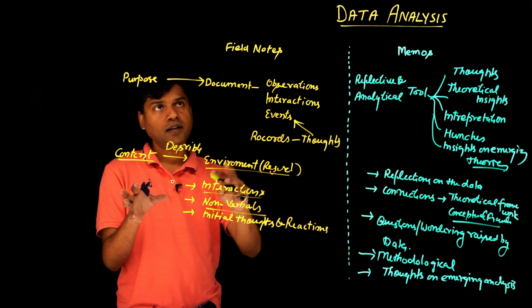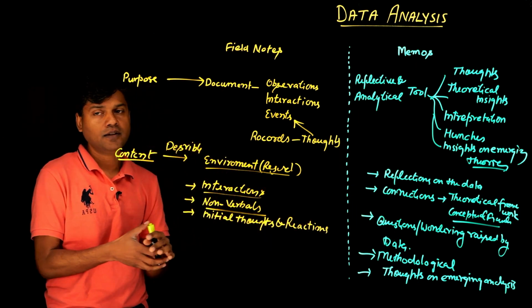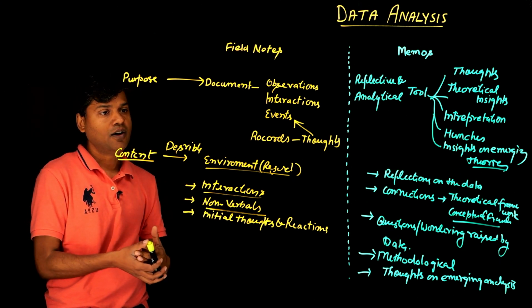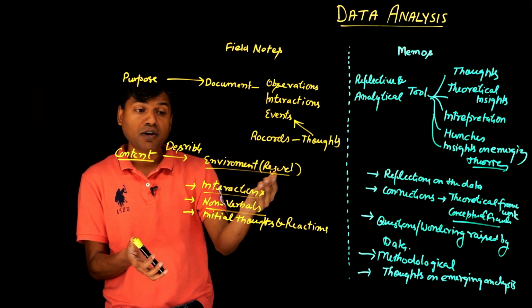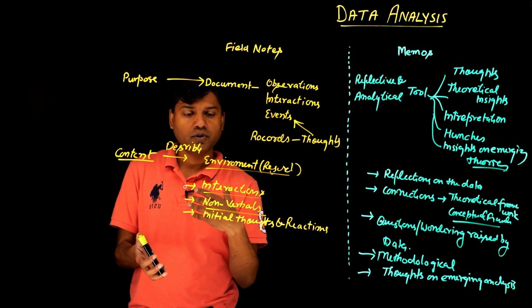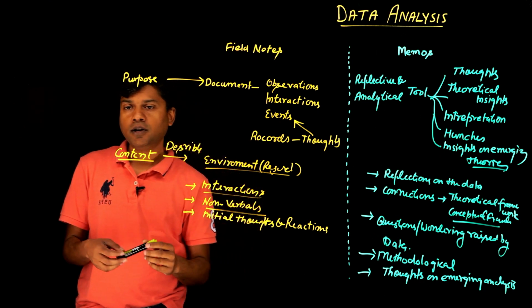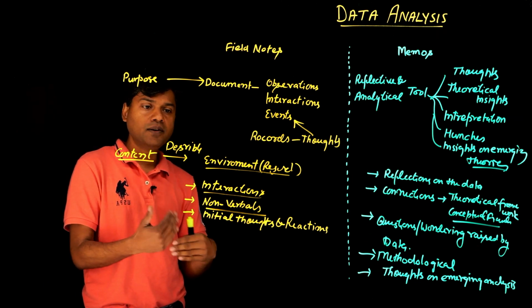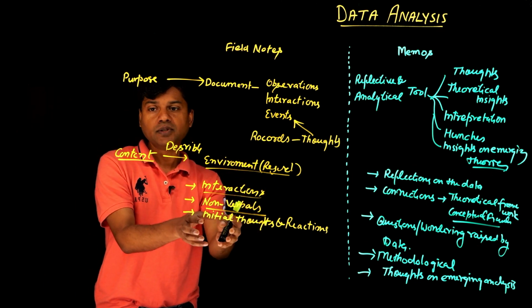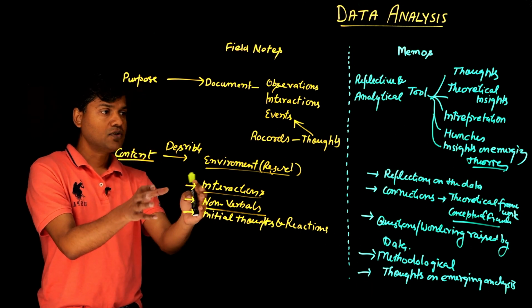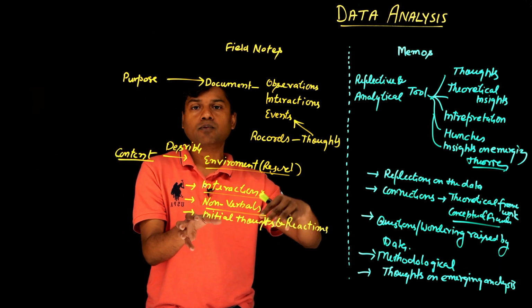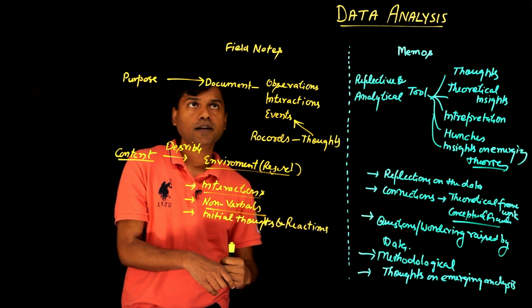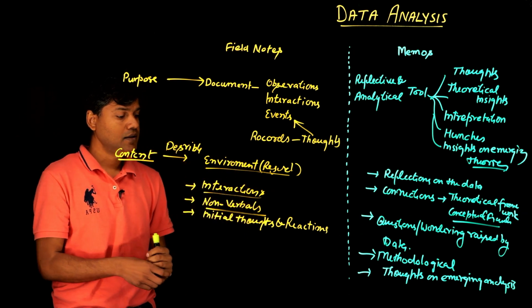And in field notes, basically, it's a description of your research environment and your interaction with your research participants. You are noticing some nonverbals and initial thoughts and reactions related to all these pieces. So that's how they are different in terms of what is being recorded in field notes and memos.